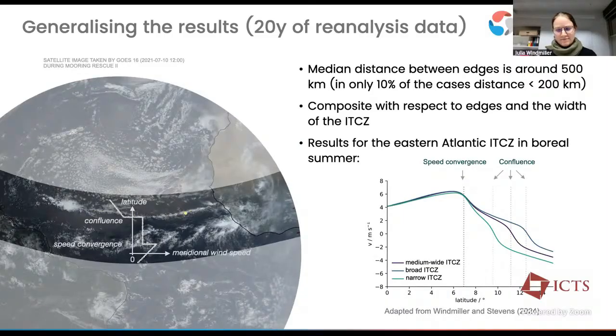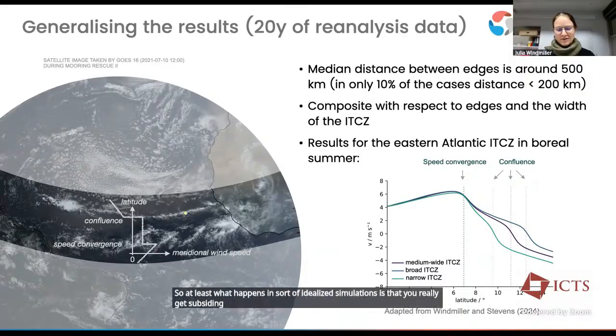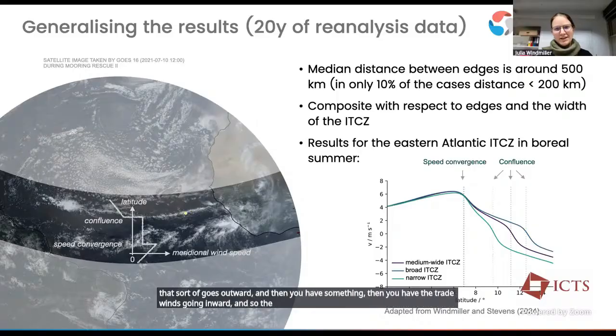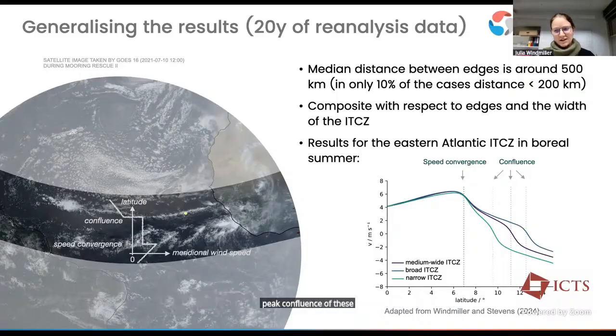I wouldn't have thought it's a coincidence, because at least in idealized simulations you get subsiding motion within, which then goes outward, and then you have the trade winds going inward, so the peak confluence is where you have the peak convergence. Yeah, that wasn't surprising to me. Maybe I should think hard about why this is surprising.